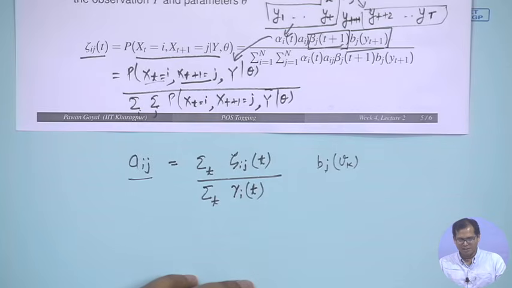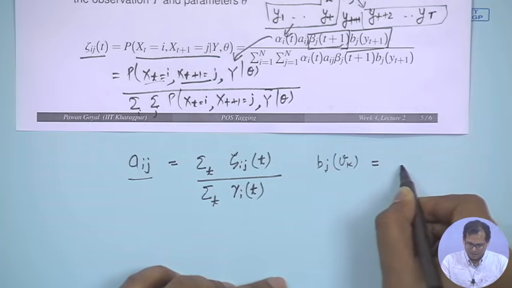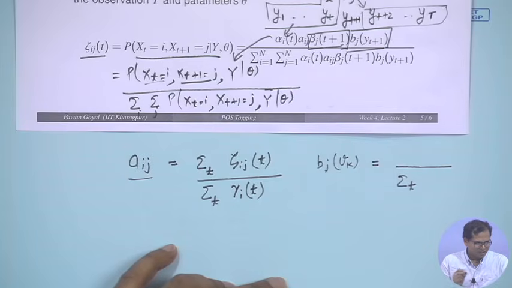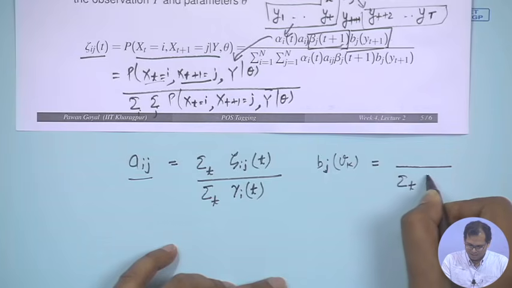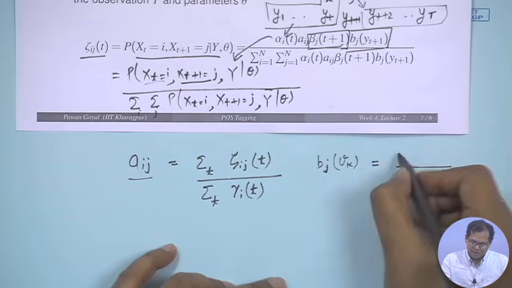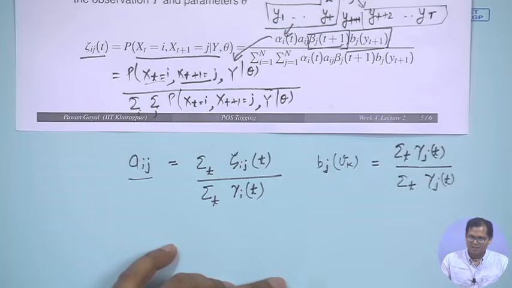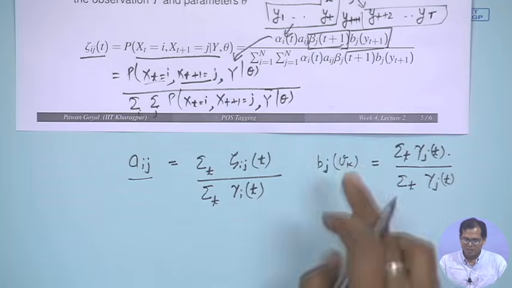How many times you are in state j where the observation is vk, divided by the number of times you are in state j. So, here the denominator is gamma j t, the number of times you are in state j. Numerator, the number of times or the probability that you are in state j and the observation is actually vk.